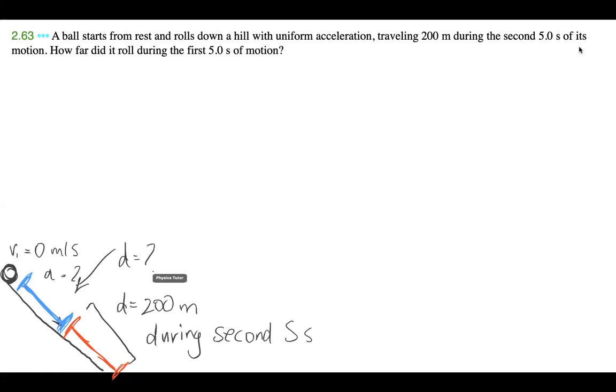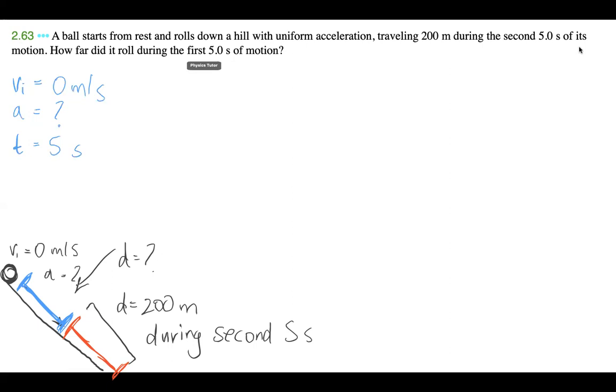So let's start with all of our knowns. We can label them by color. Vi blue, we know, is 0 meters per second. The acceleration, we don't know, but we know that it's going to be the same for red and blue. The time, we know that it was 5 seconds, so the first 5 seconds, that's what we want.